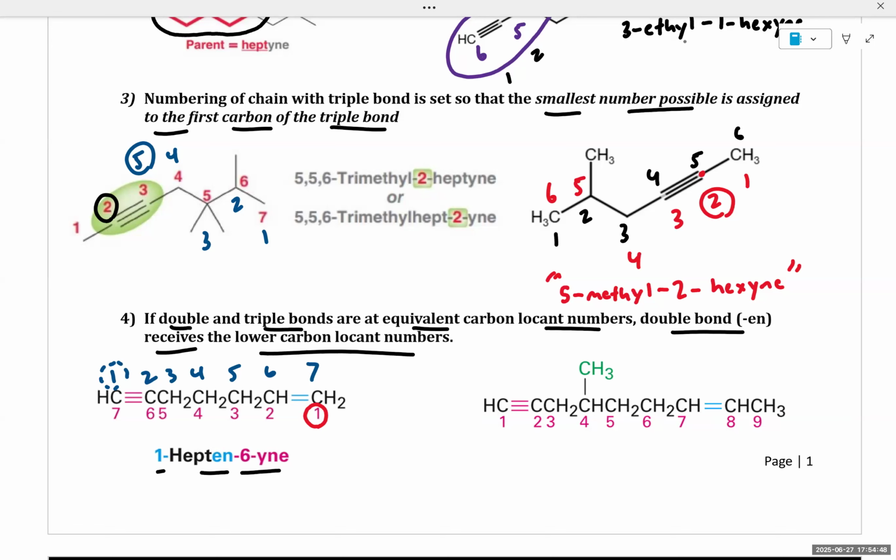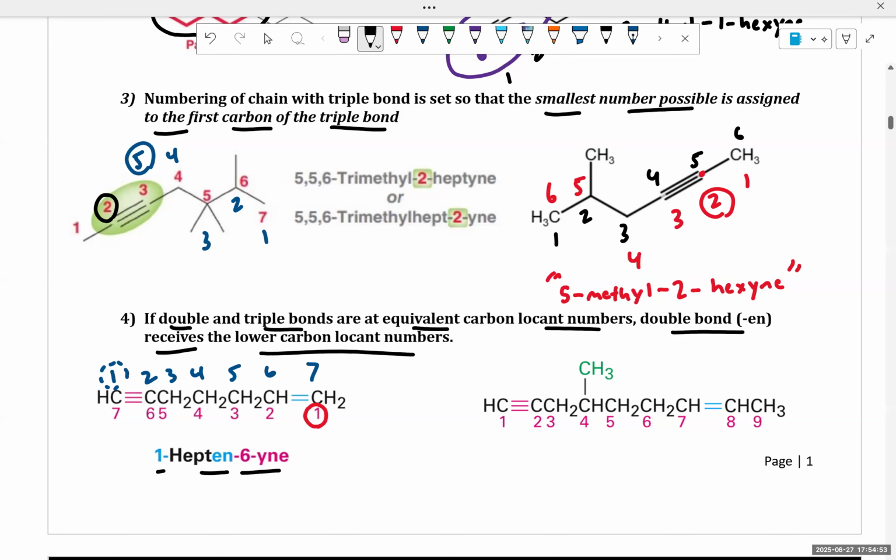By the same token, if we look at the following molecule, in this case, we assign the lowest locant number of 1 to the alkyne because it is the lowest possible locant number. Just to be clear, there is no tie here, and as a result, we defer back to our original rule, which is to give the lowest locant number possible to either the alkene or the alkyne.